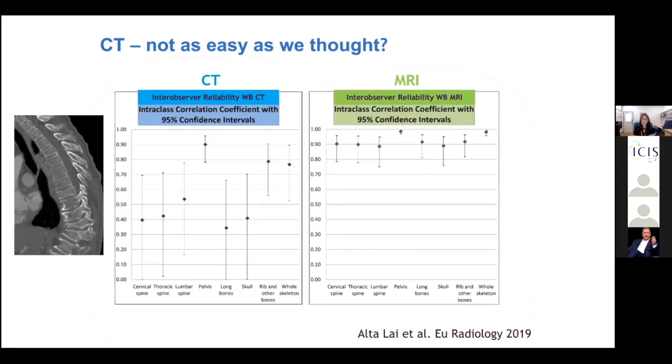And actually, when you compare the intra-observer reliability of CT with MRI, I think we begin to see that uncertainty, because you see the scores for MRI are very good, but that is not the case for CT. So actually interpreting low-dose CT for myeloma diagnosis is not always easy.